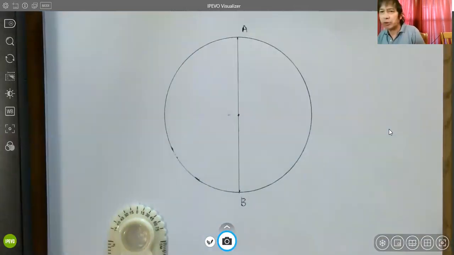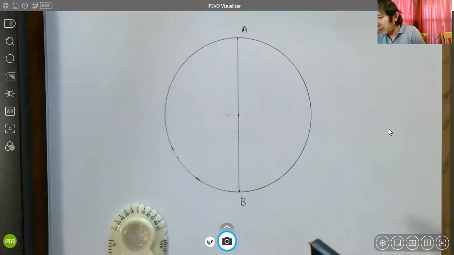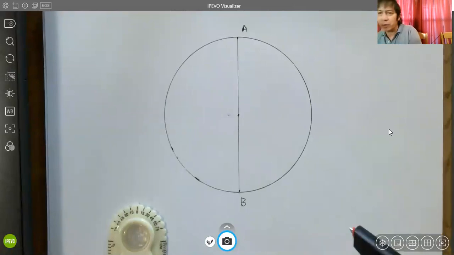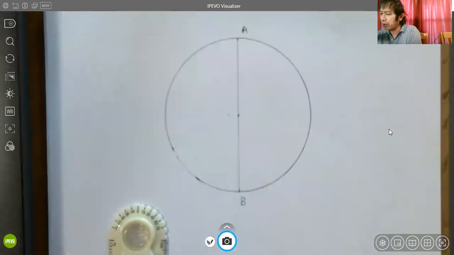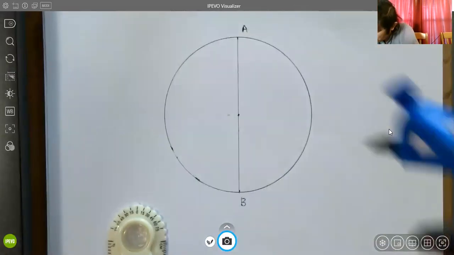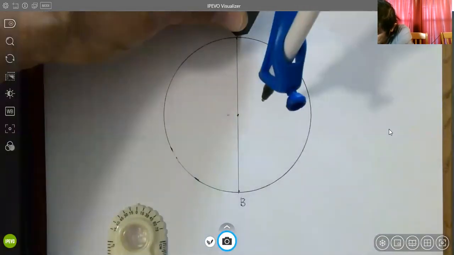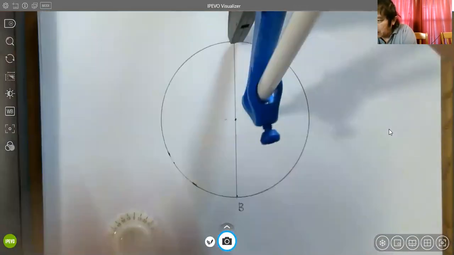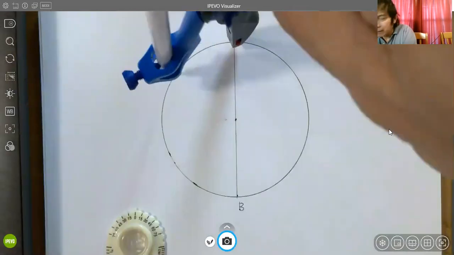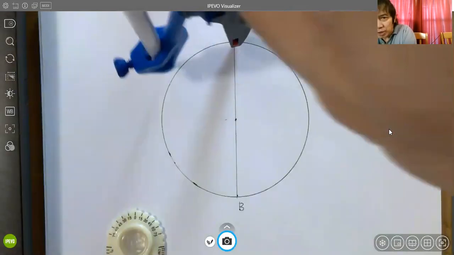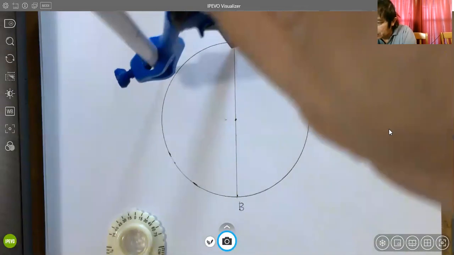We shall draw an equilateral triangle with the top vertex on point A. Now, without changing the radius of our compass, we're going to use the center point for point A there, and then we shall be able to swing this like this.